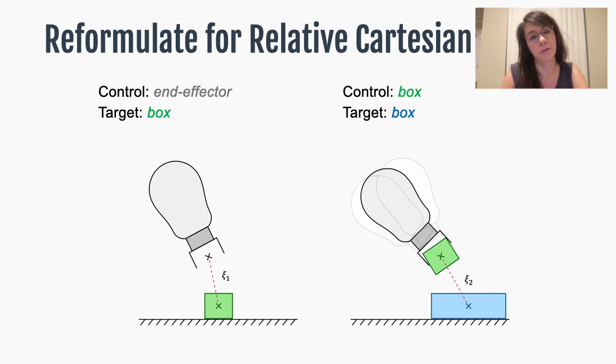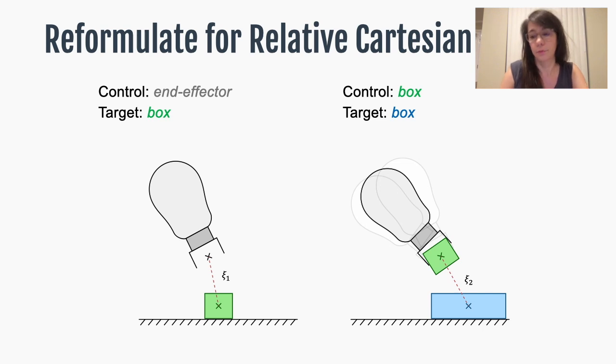Because now that we have this object in the hand in whatever pose relative to the end effector, we switch to controlling the green box relative to the target box. And so this position relative to the end effector doesn't matter if this is what we're controlling for.